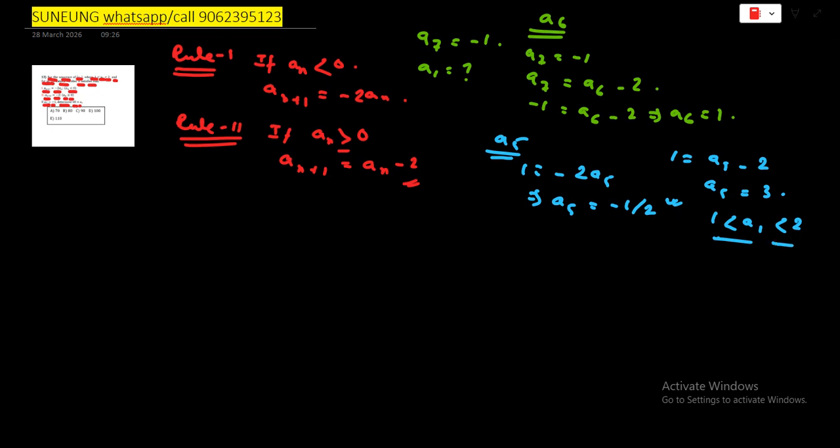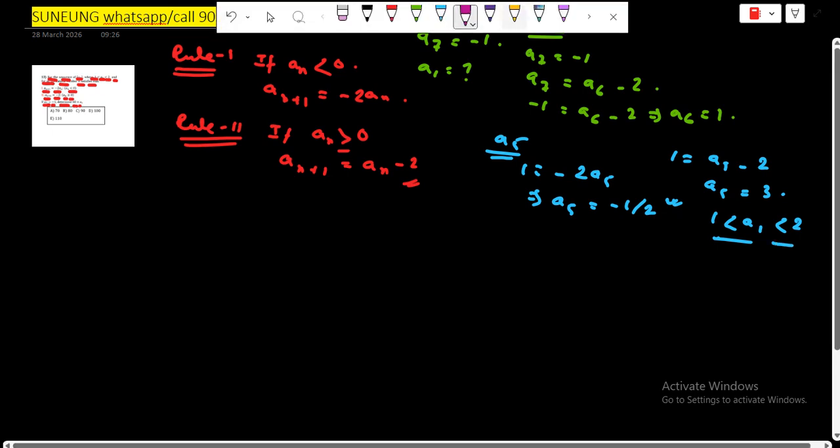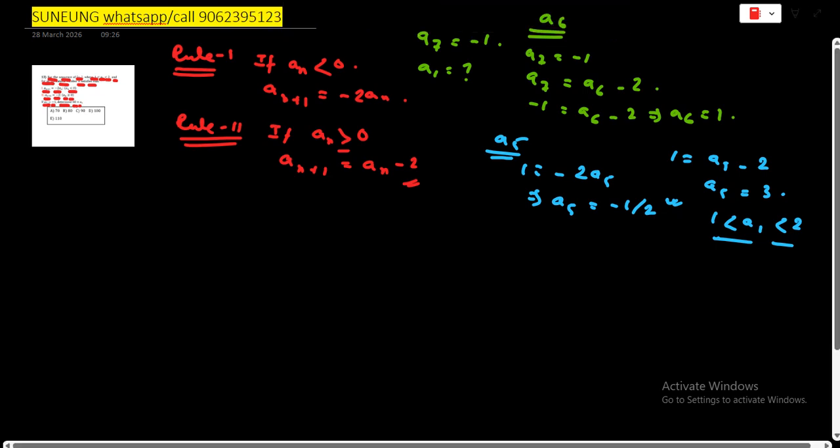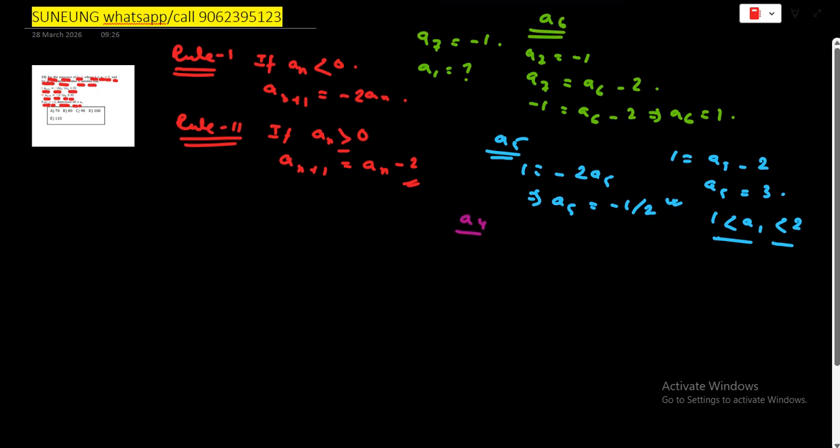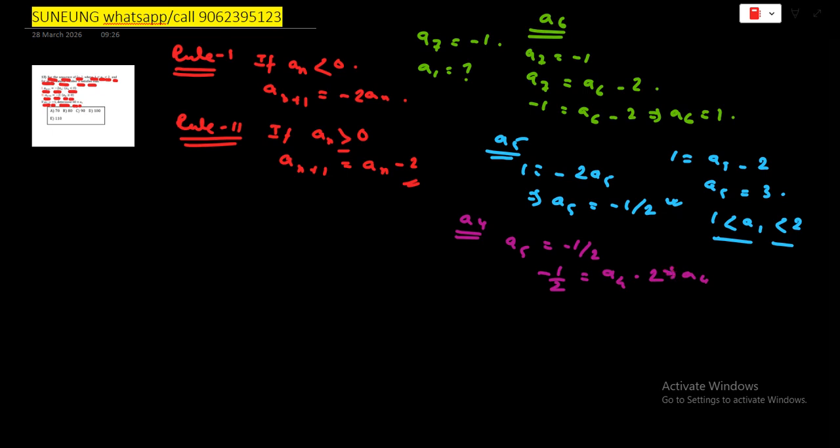Now it's time to find a_4. a_5 is minus 1/2. This must come from rule number 2, since rule 1 only gives positive results. So minus 1/2 is a_4 minus 2, so a_4 will be 3/2.